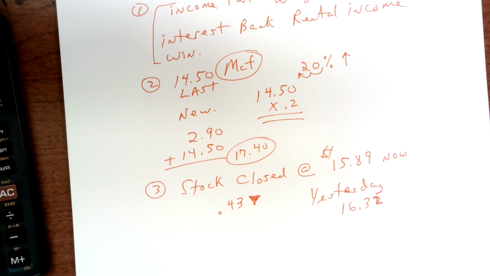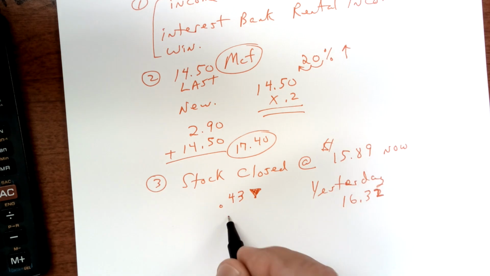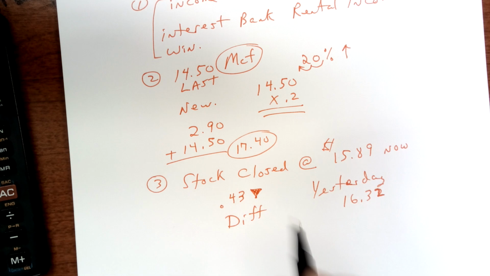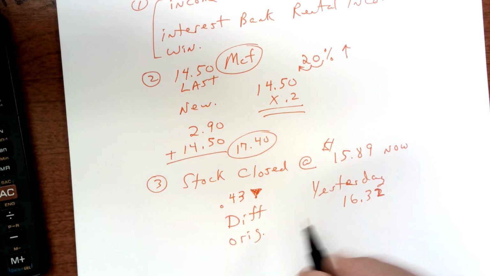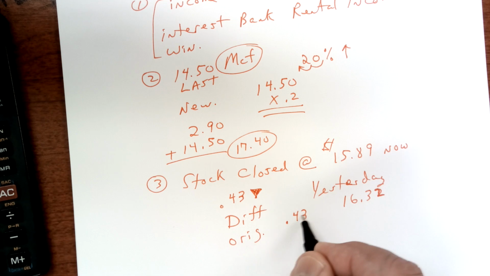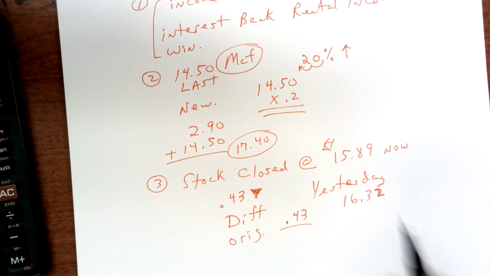Now the formula is difference divided by original. So you want to take the difference here, which is 0.43. It went down, and the original is the beginning price, 16.32.